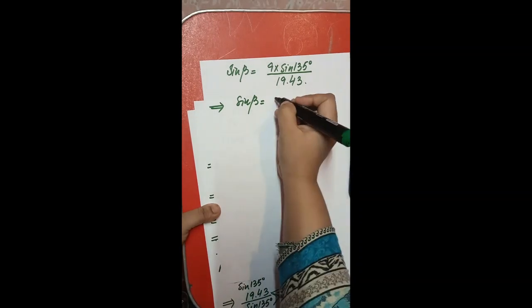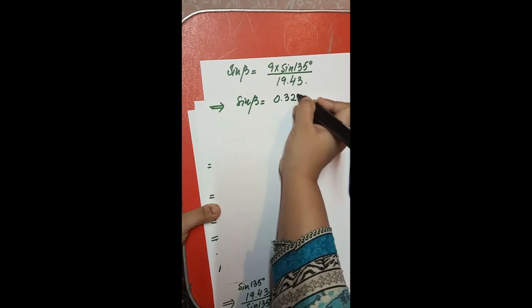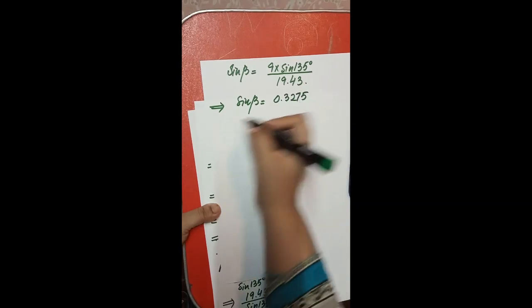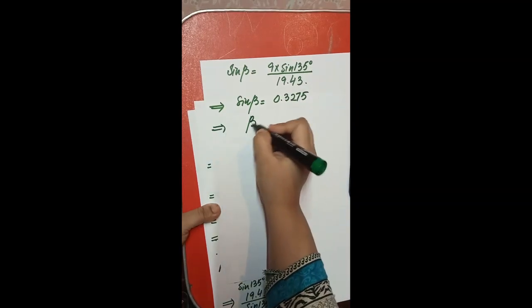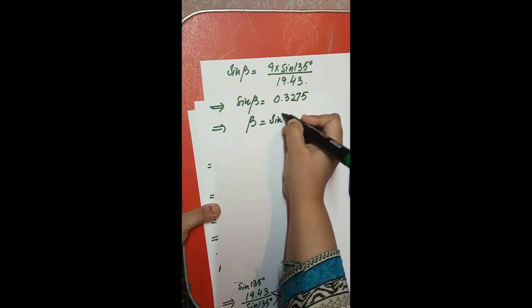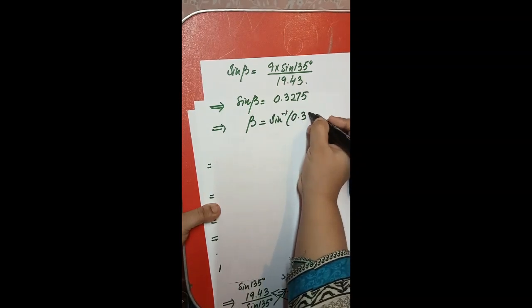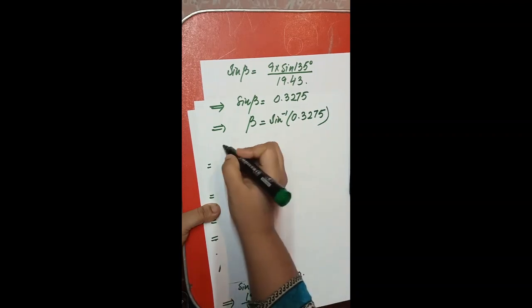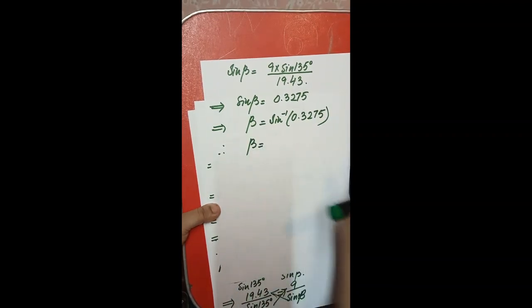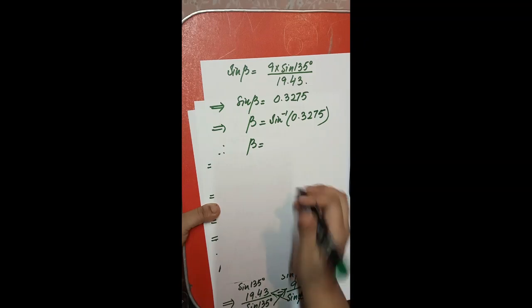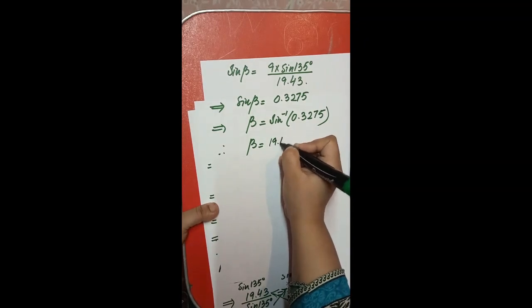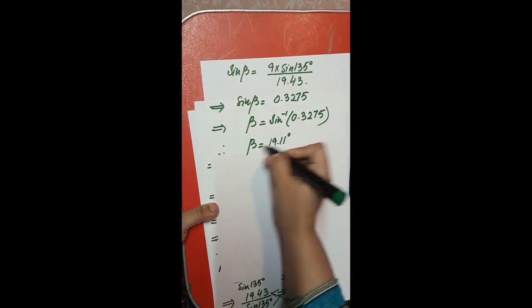So it will be 0.3275. So what should we have to do? We have to take sine inverse of this. So 0.3275, therefore beta will be equals to shift sine inverse, answer will be 19.11 degree.